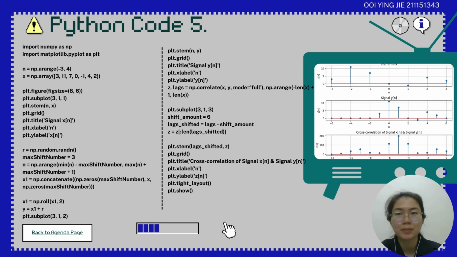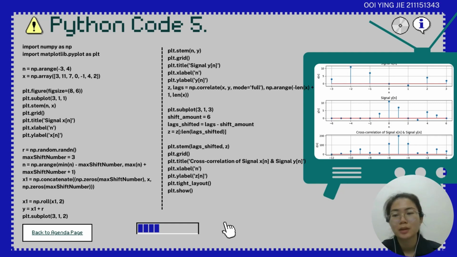Besides that, also use plt.stem n, x to plot signal xn at specific time instances using the stem plot. Add a grid to the plot using plt.grid. Set the title, x-axis label and y-axis label for the subplot using plt.title, plt.xlabel, and plt.ylabel.